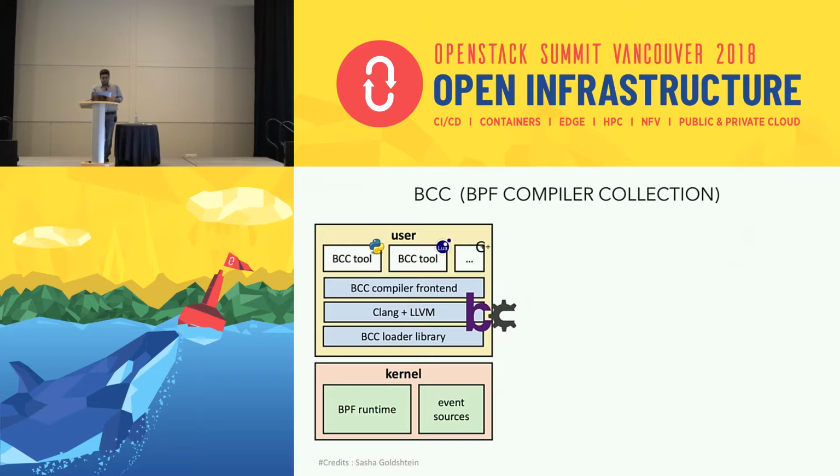It has front-end support for Python, Lua, and C++. You could write your programs in Python, which are converted to the appropriate BPF bytecode by the BCC system and then loaded inside the kernel. It has support for the Clang and LLVM compilation framework, which has a BPF backend used to convert your program to BPF bytecode, and a libbcc loader kernel library.